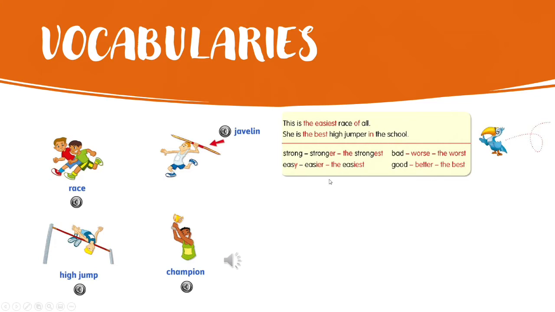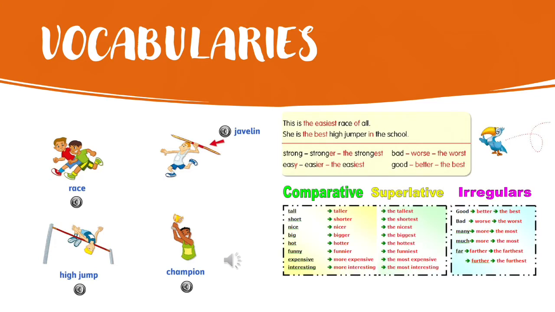Now, let's look at another table. Here is the table of comparative and superlative adjectives. On this side are the adjectives: tall, short, nice, big, hot, funny, expensive, and interesting. To compare these adjectives, we add ER at the back. Some adjectives we cannot add ER to, but instead we use more.